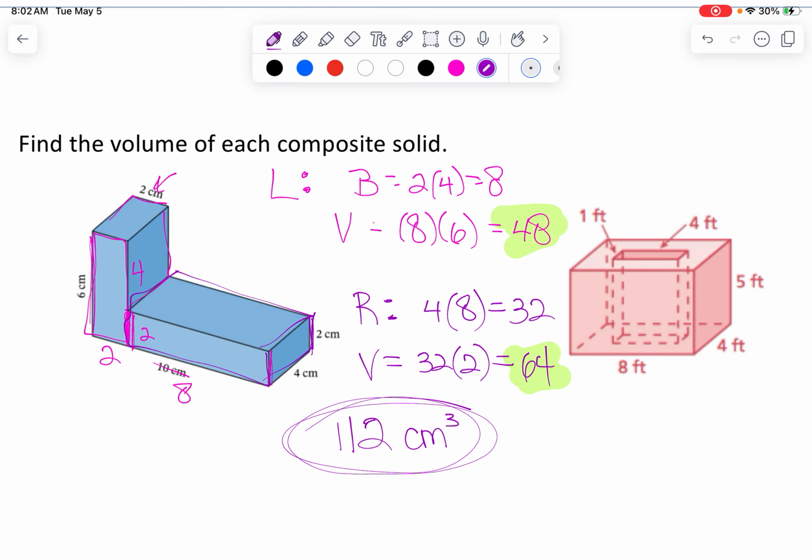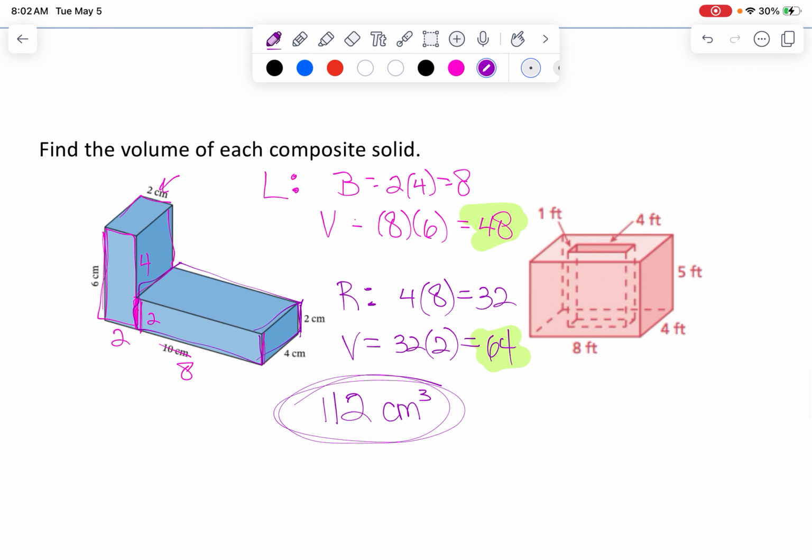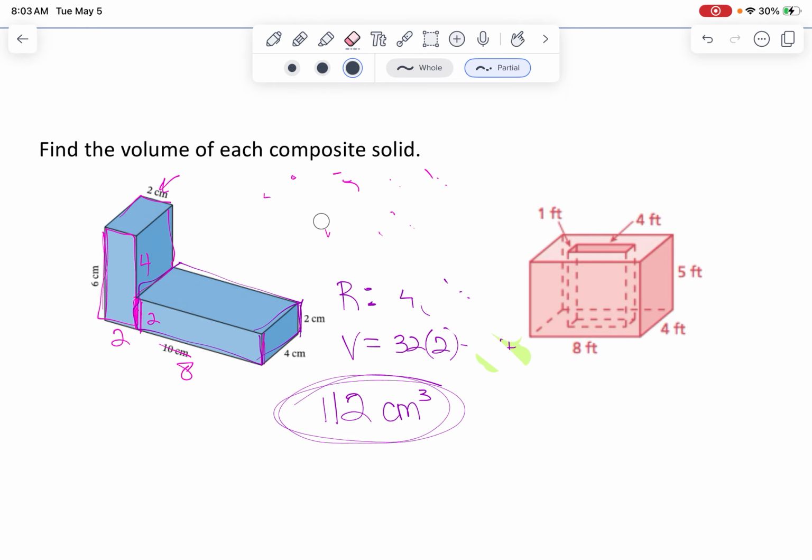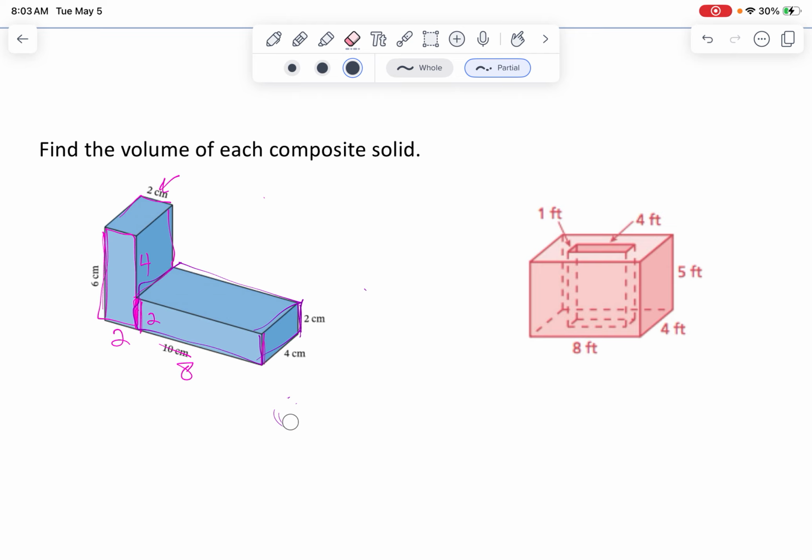Hopefully that makes sense. Let's take a look at this other one. Okay, so I'm going to erase this so I have a little bit more room. The one on the right is a solid that has a hole drilled out of it, and that hole is a rectangular prism.